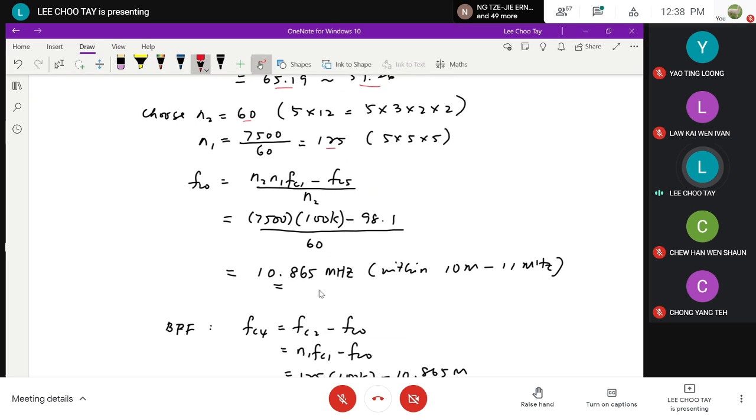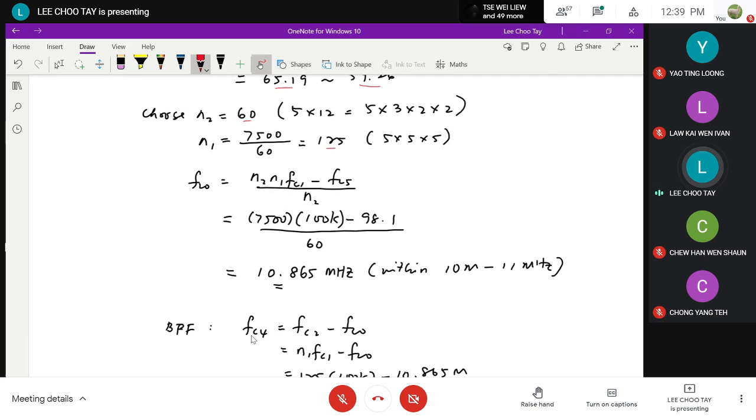The last thing you need to find is the bandpass filter. What kind of bandpass filter do we need? The function of the bandpass filter is to allow the FC4 to pass through. So what is FC4 then?